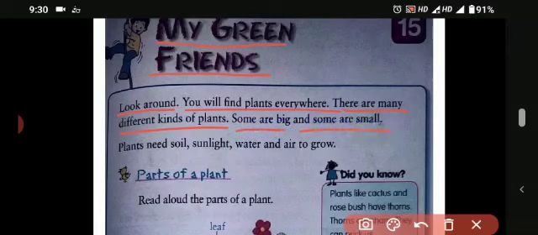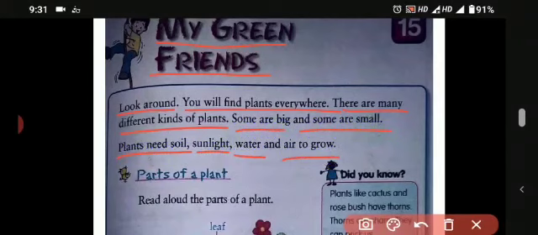Students, when you look around yourself, you see plants everywhere. There are many different kinds of plants which are big and small. Plants need soil, sunlight, water and air to grow.